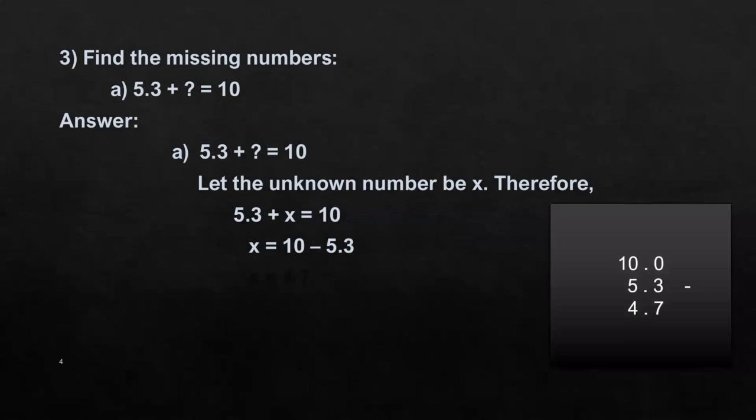When you do that subtraction, you will get the difference as 4.7. So the unknown number is 4.7. When you sum up this 4.7 with 5.3, you will get a total of 10. Clear?